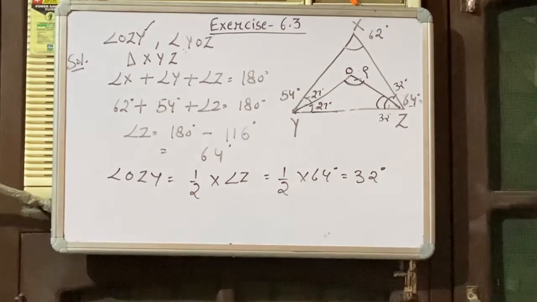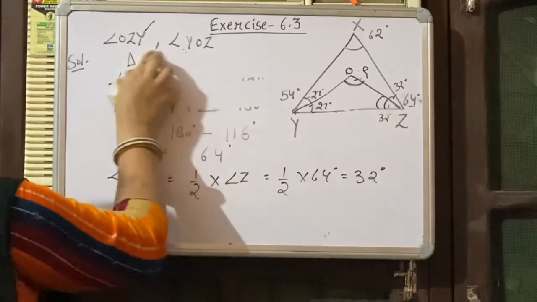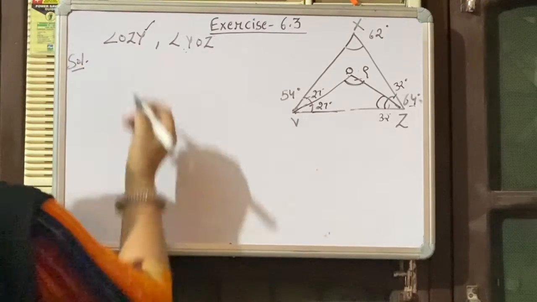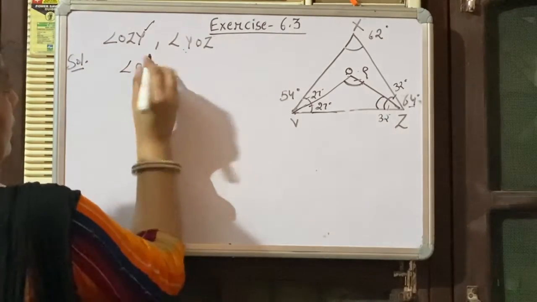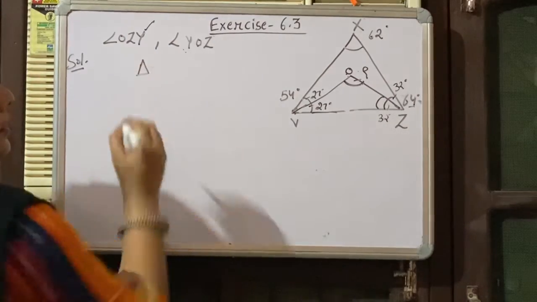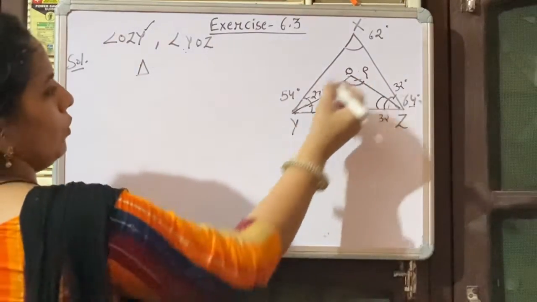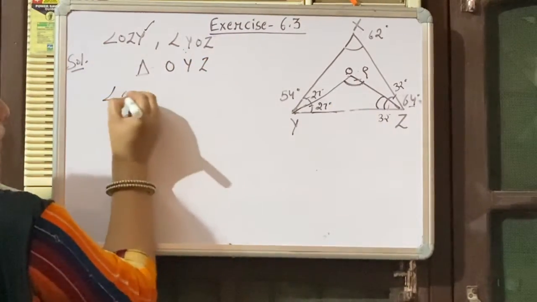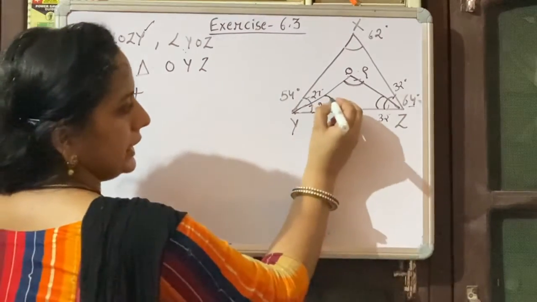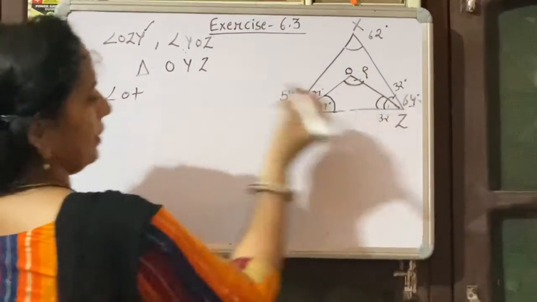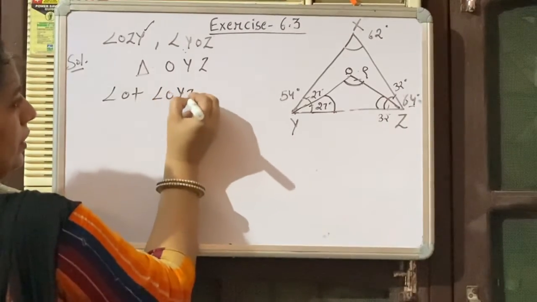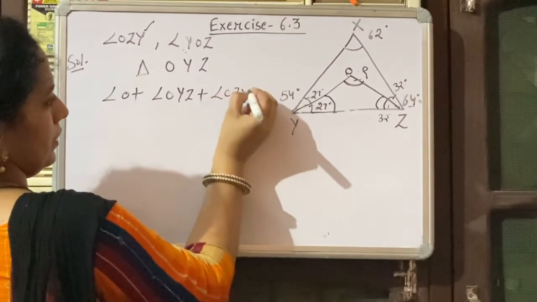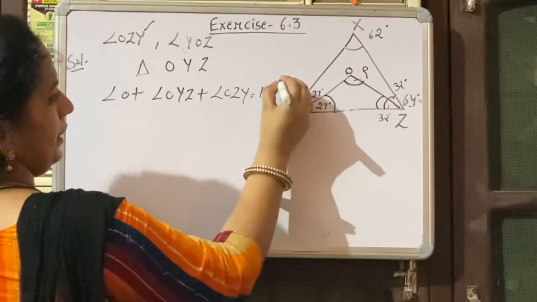So in the inner side triangle OYZ, we can write here angle O. In triangle, first of all write the name of the triangle, which is equal to OYZ, angle O, plus name of this angle, which is equal to OYZ. Third, OZY, which is equal to 180 degree.